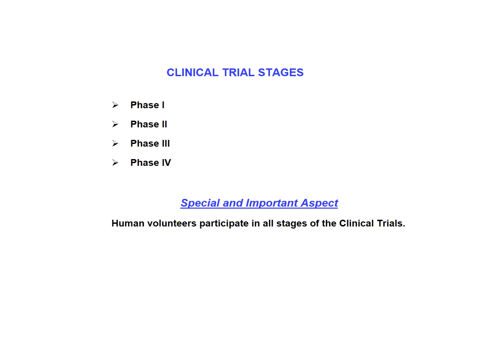The very special and important aspect of all clinical trials is the fact that human volunteers participate in all stages of the clinical trials. Special cases which precede even phase 1 clinical trials are those which require emergency use authorization.